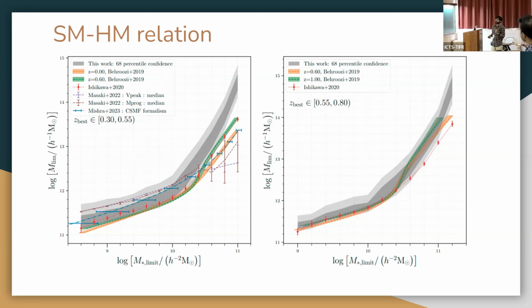I'm trying to understand this using simulations. If I take true stellar masses in simulations and give them some scatter, what happens?